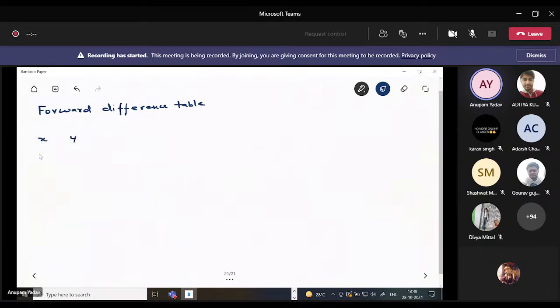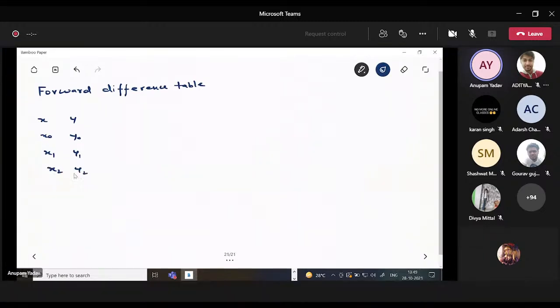Suppose data is given: at x naught, y is y naught. At x1, y is y1. At x2, y is y2.